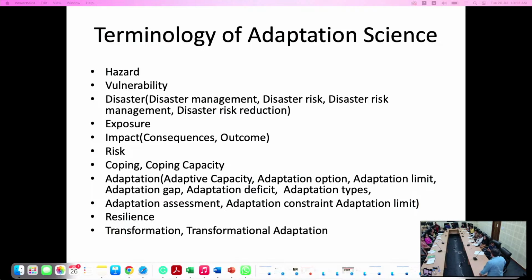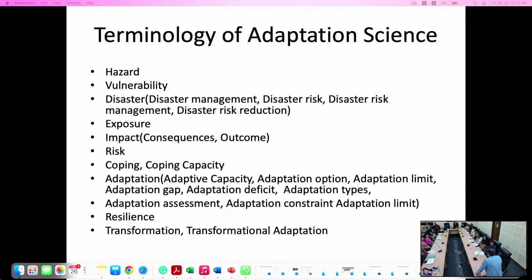Now, I just wanted to make you speak, to open up, and come to the very basic word called hazard. What does it mean to you? Give me your own sense. Don't think critically about it, or don't think scientifically.